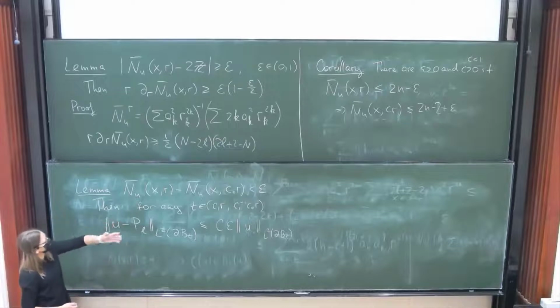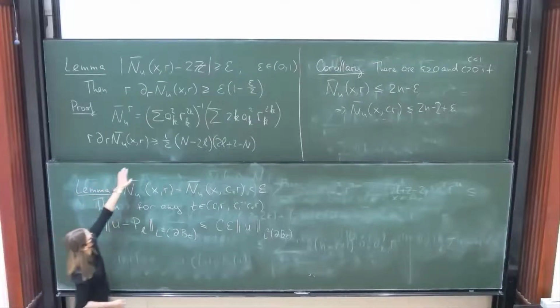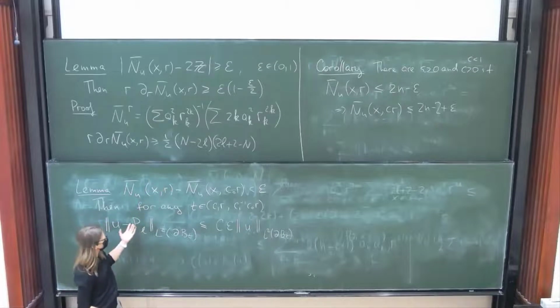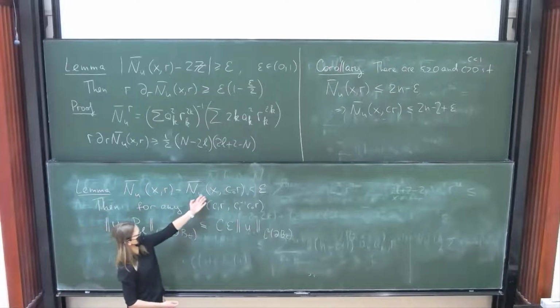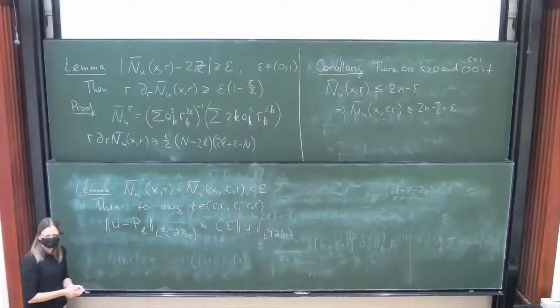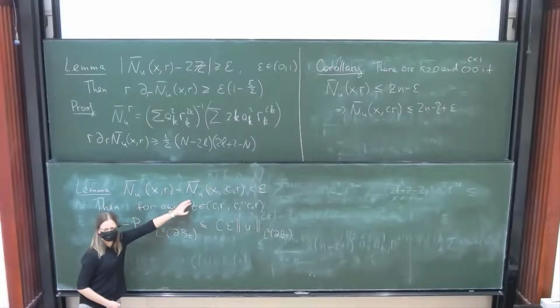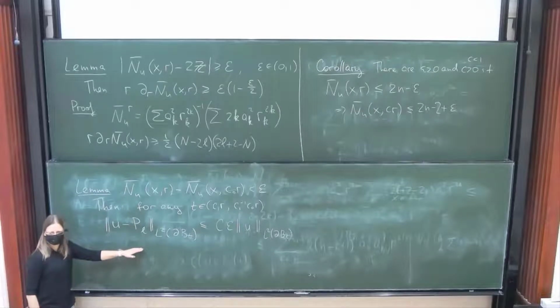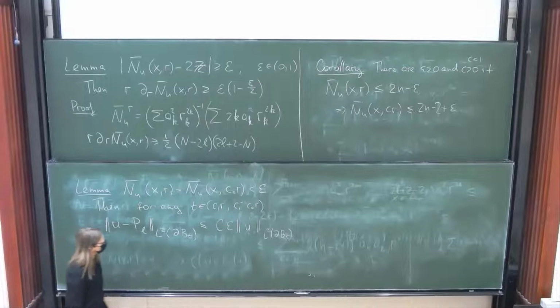I know that n is a function given by this dependence on R, and I'm trying to check what is the dominating term in this expression if this difference is small. So it's pure algebra that you can ask a high school student to check, if you have a good high school student by your side.